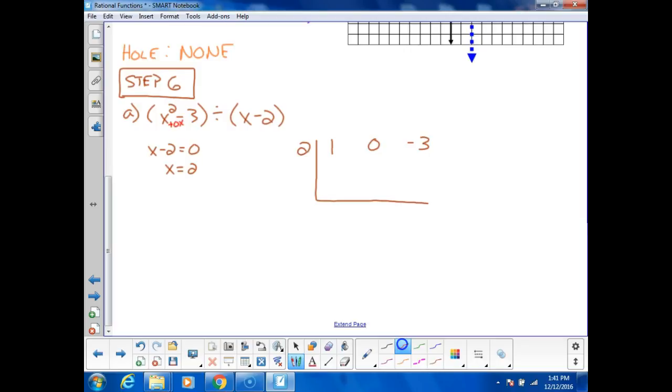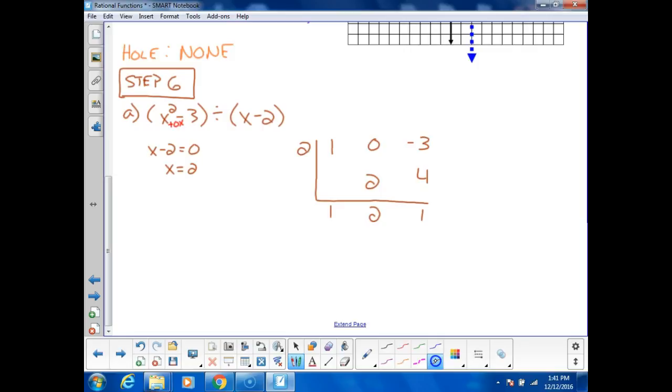Okay, with me? Okay, then I do it. Drop the 1, multiply, add, multiply, add. What do you think would be the easiest way? Synthetic. But it doesn't always work out.